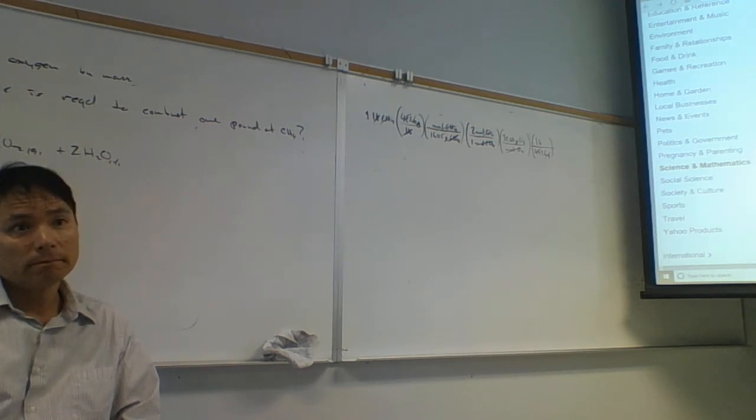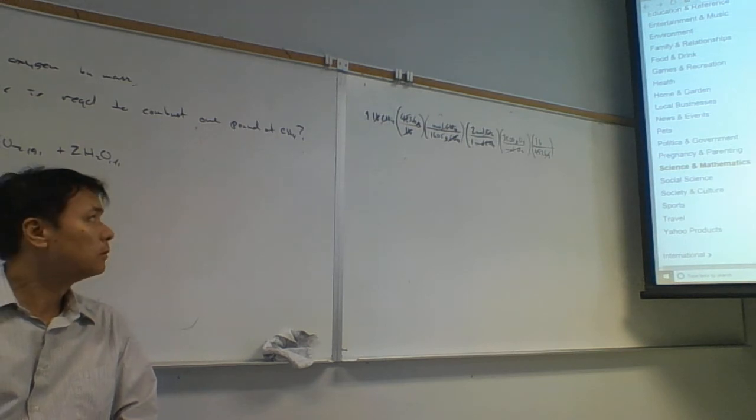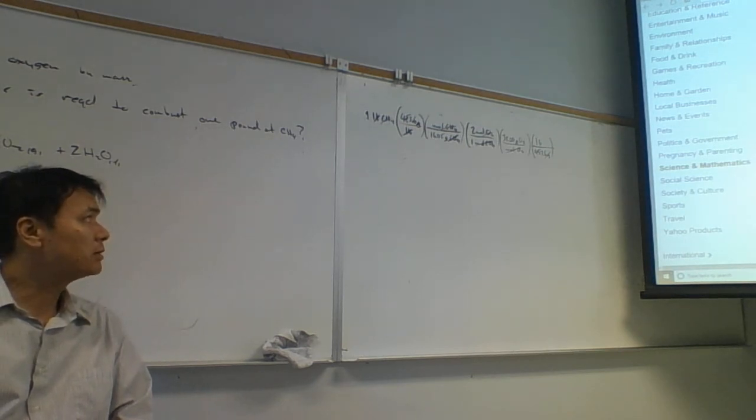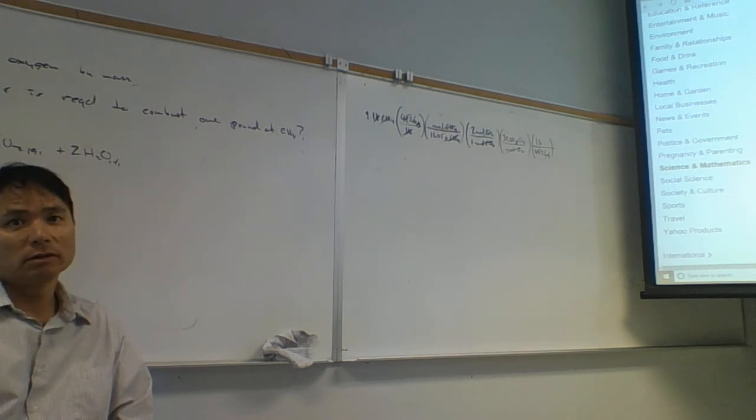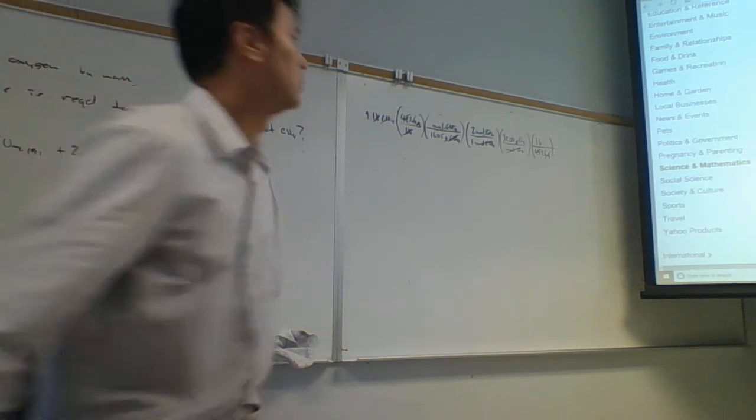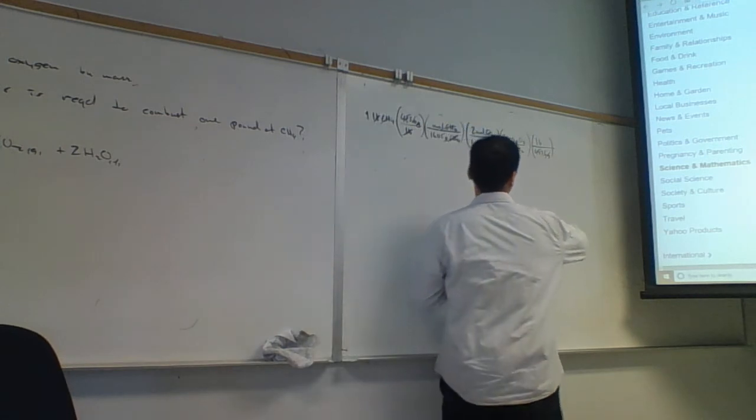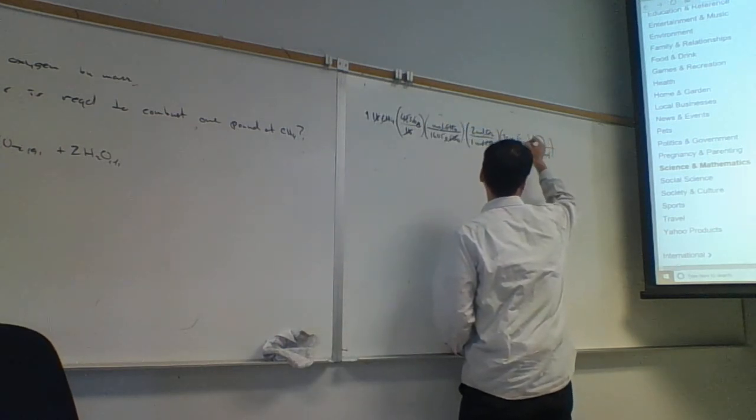Doesn't the grams over pound and pound per grams, don't they just cancel each other out? Yeah, grams cancel each other out. So I have pounds of O2 left. Why do we need the grams per pound if we cancel it out with pound per gram?